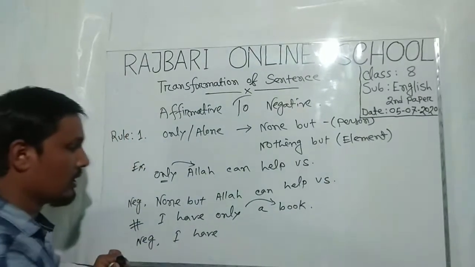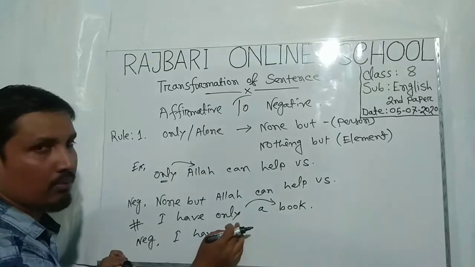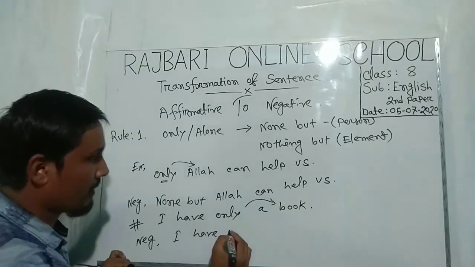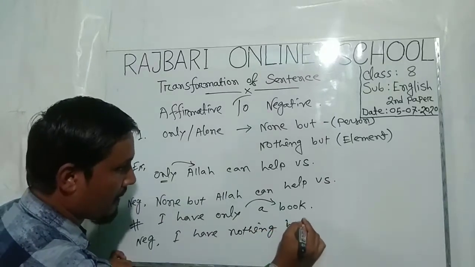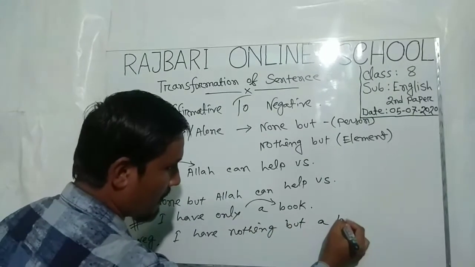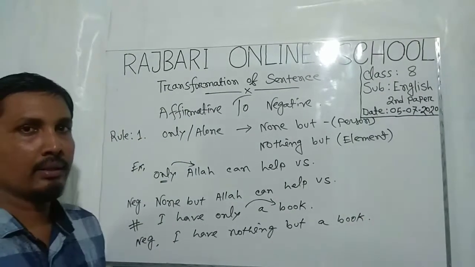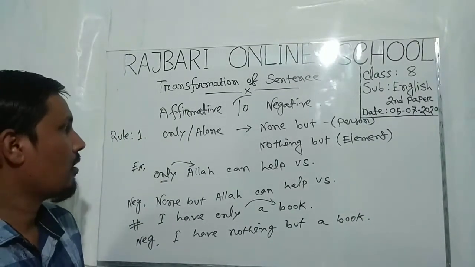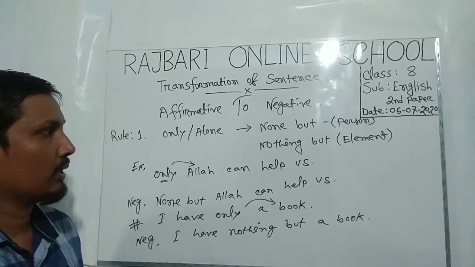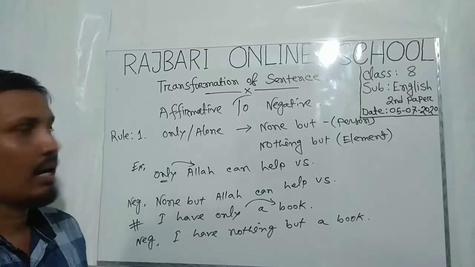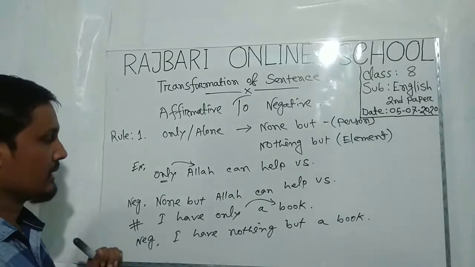For this reason you have to use nothing but in place of only. I have nothing but a book. Have you understood rule 1 about only or alone? I hope you have understood this rule very well, and if you practice in your house, you can do better with these rules.